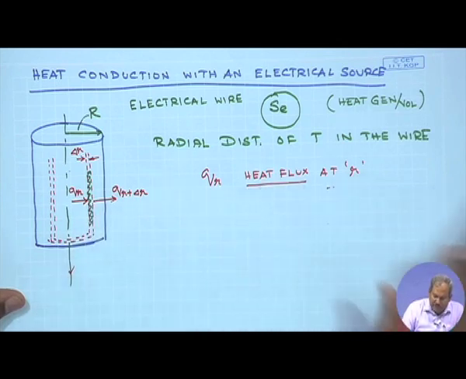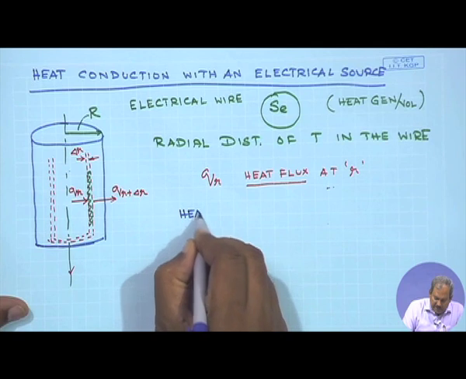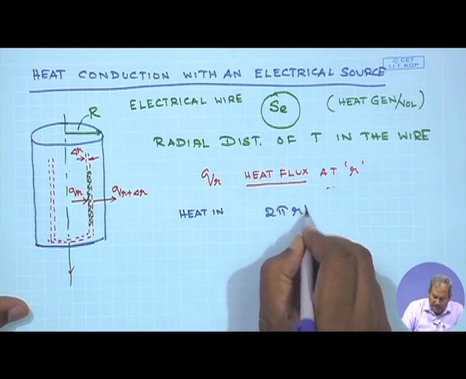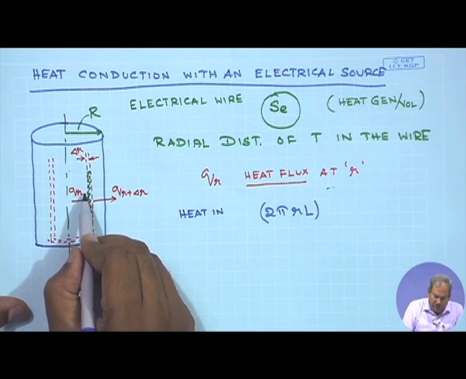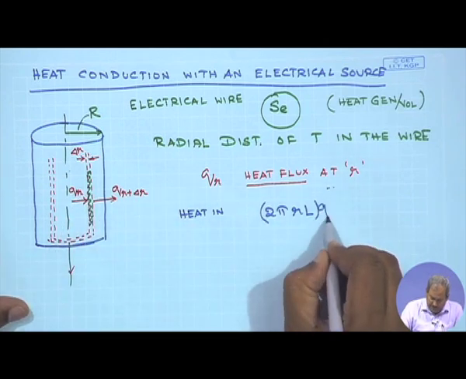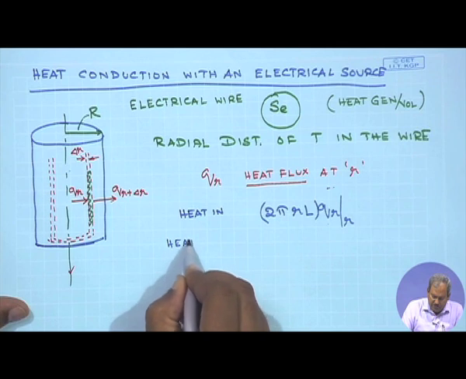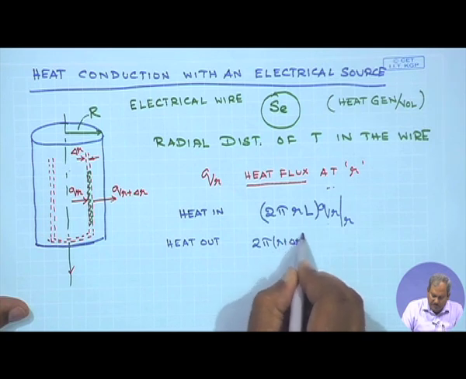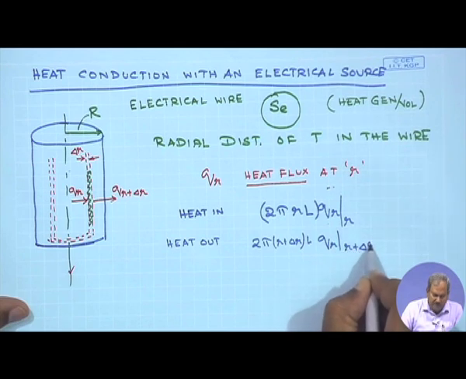So, if this is the heat flux at R, then the total amount of heat in would simply be equal to twice pi R times L, which is essentially the area of the inner surface of the assumed shell, multiplied by Q R evaluated at R. Heat out would be twice pi R plus delta R times L times Q R evaluated at R plus delta R.